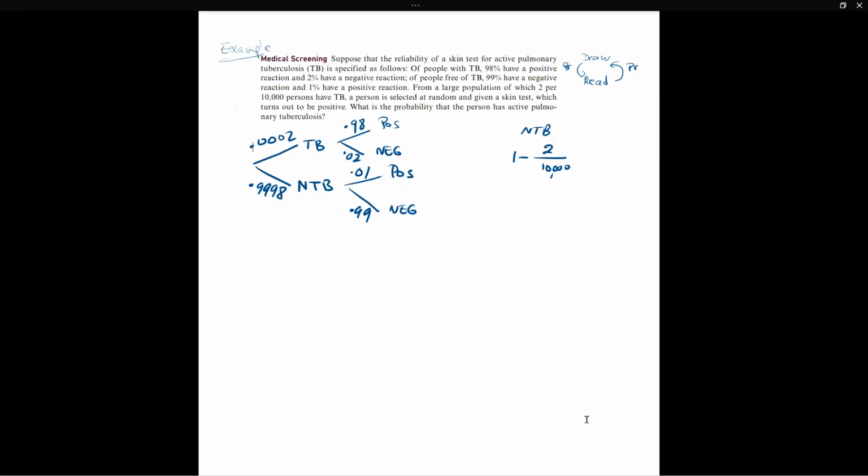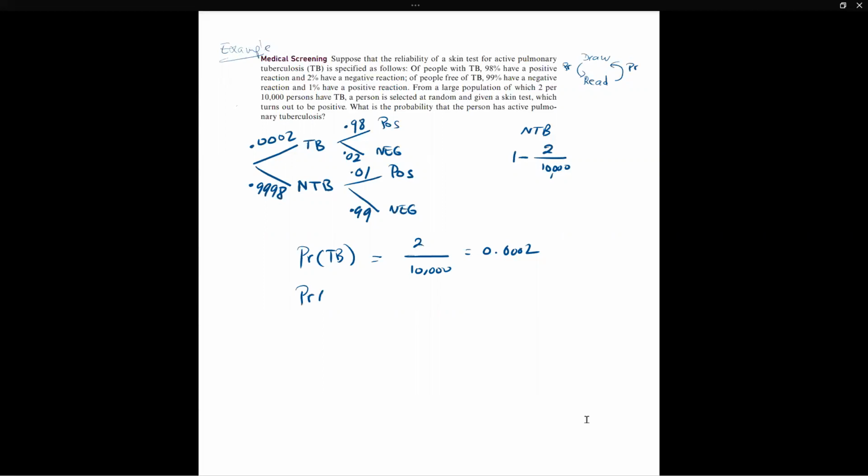So the given data is organized in this diagram, and the procedure we'll follow. First, we're going to select a person at random from the population. There are two outcomes for this. So the probability that this person has TB, of course, as I mentioned, is 2 per 10,000, which is 0.0002, all right?